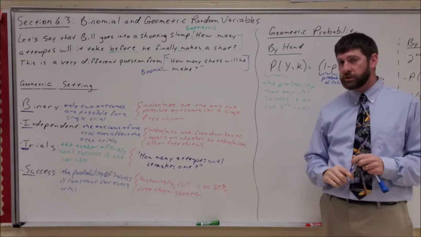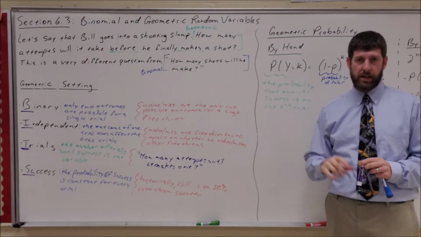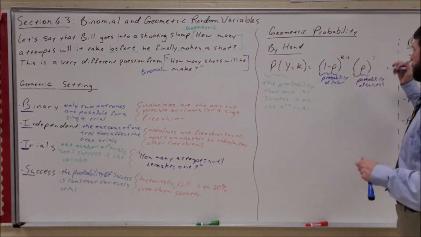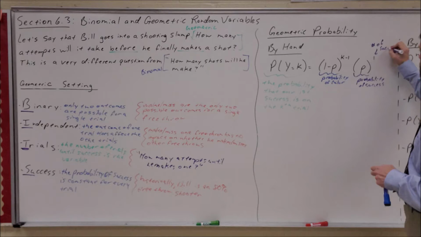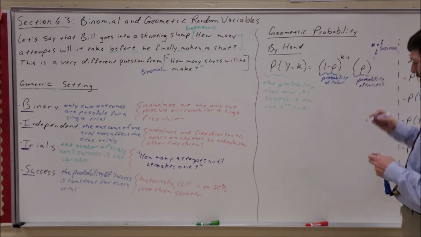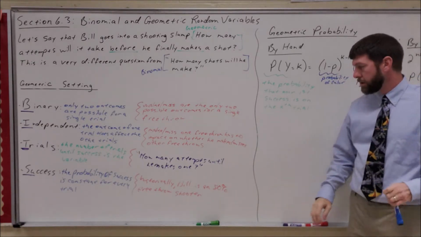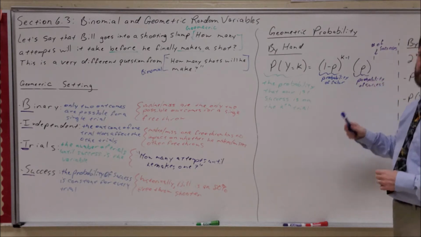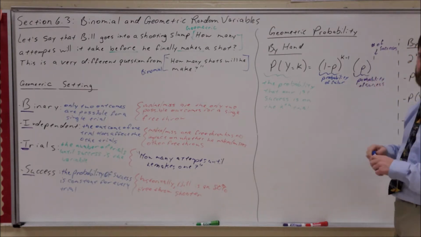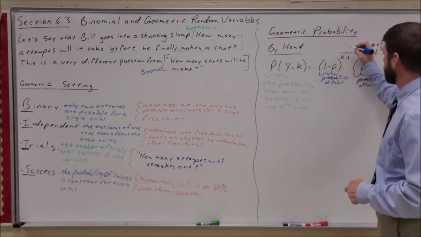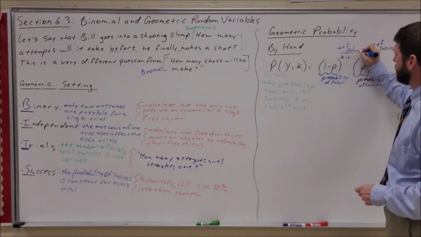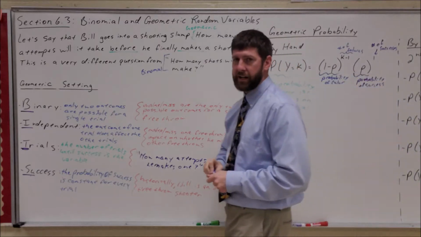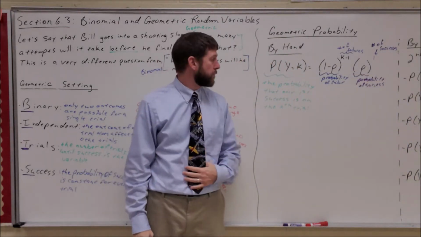Until he finally makes a shot. So we stop counting as soon as he has that one success. So if he tries and tries and fails and fails until he succeeds, then k minus 1 represents the number of failures.